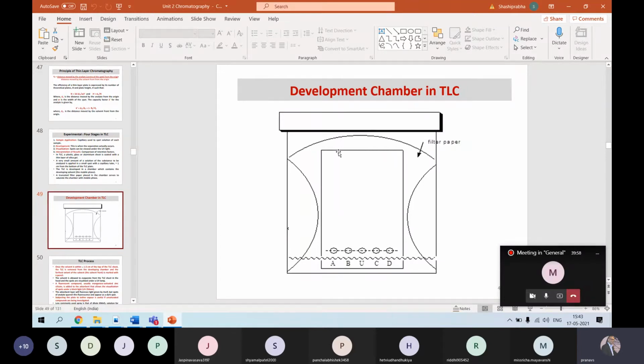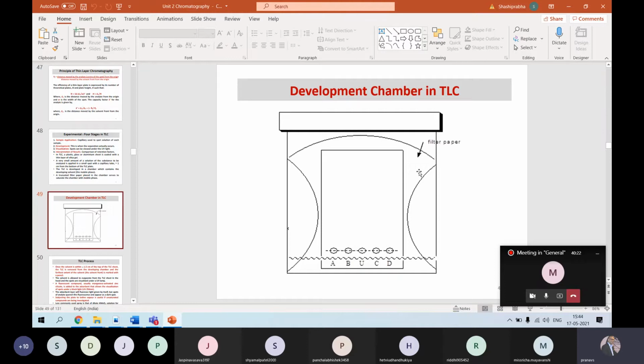At the same time, what you find here is a truncated filter paper. Now, what is the reason behind keeping this filter paper here? This is generally kept for creating a homogeneous medium of the mobile phase within the chamber.